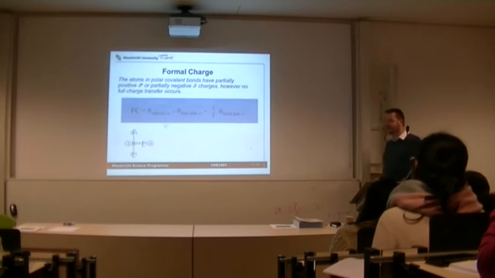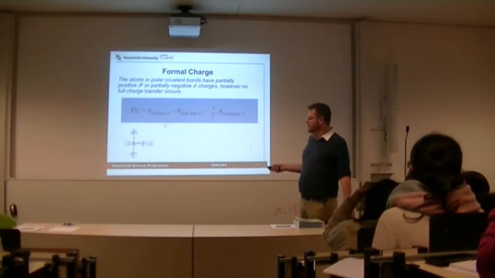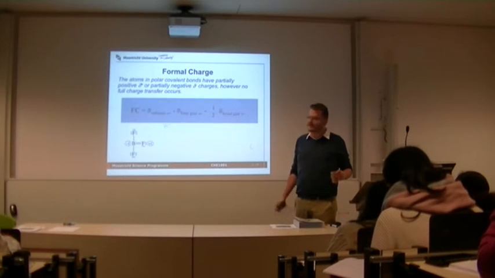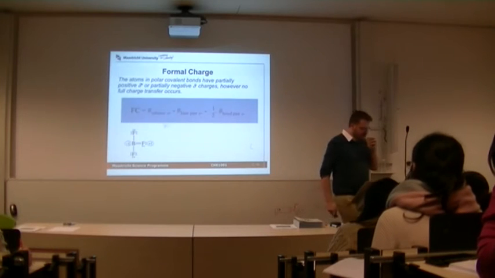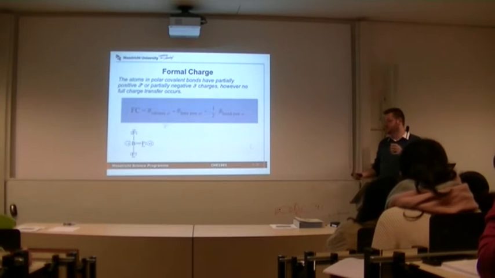What is half of 8? 4. So what is 3 minus 4? Minus 1. So the formal charge of boron is -1 in this Lewis structure, and the same for fluorine. That's how we calculate formal charge.